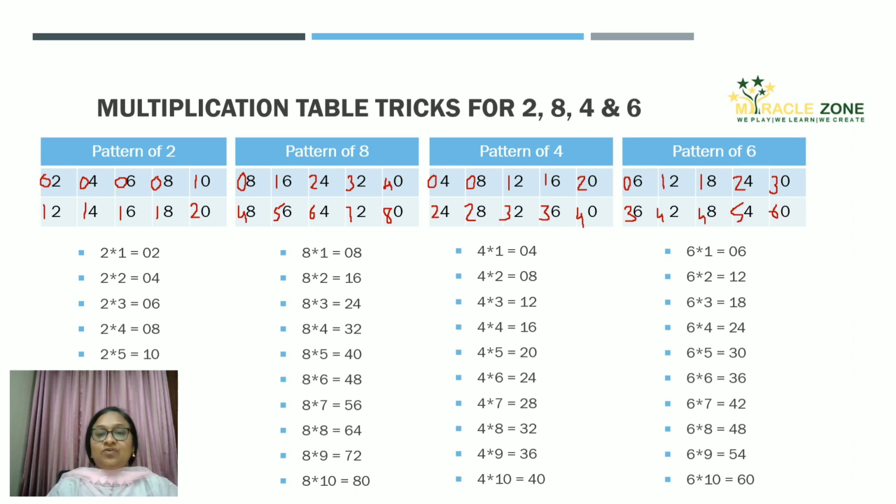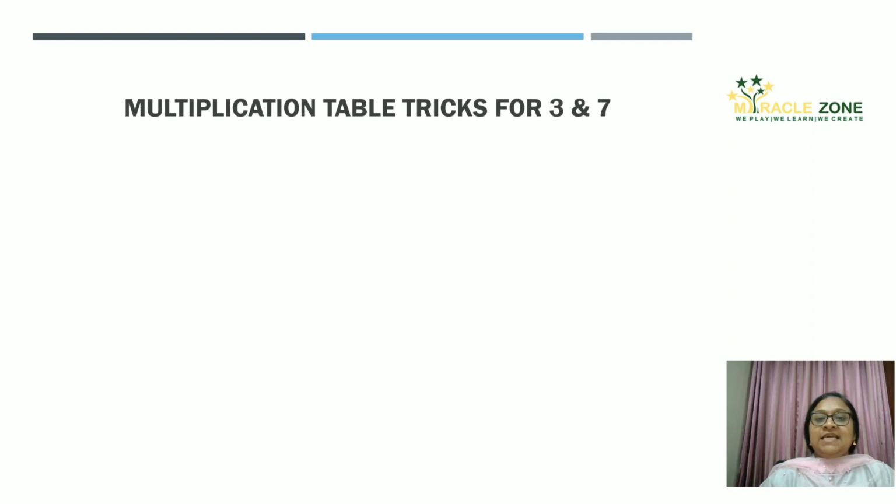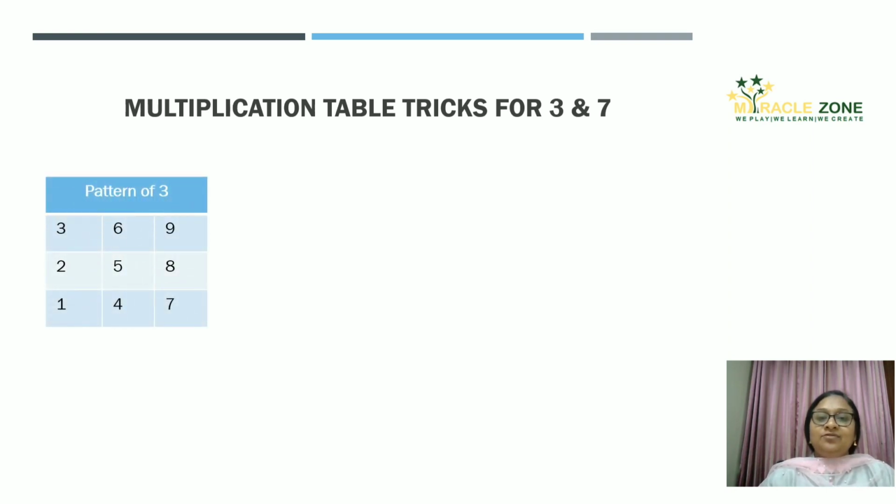So now we will go to the next tables, 3 and 7. So let's see the pattern for 3. You have to write 1 from bottom left to top. So let's see how we can add the tens place here.